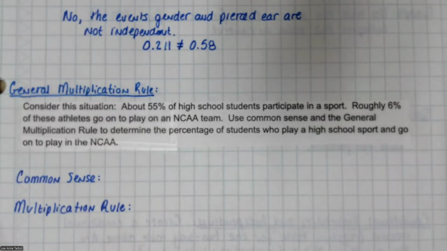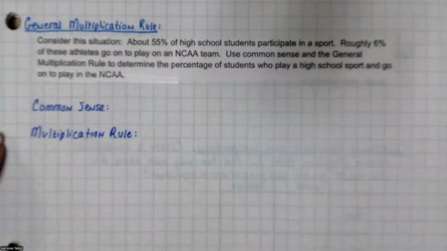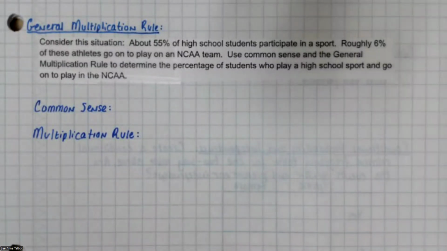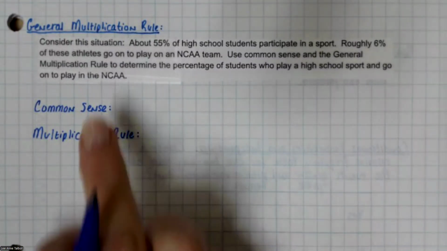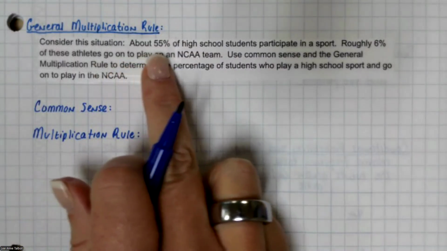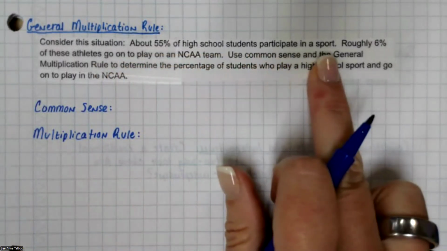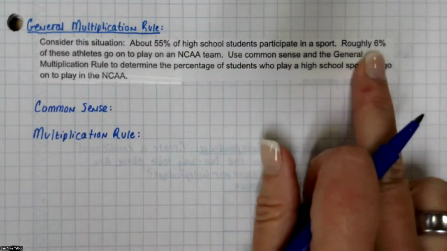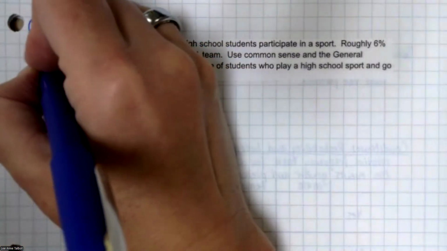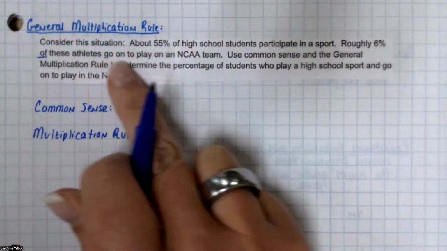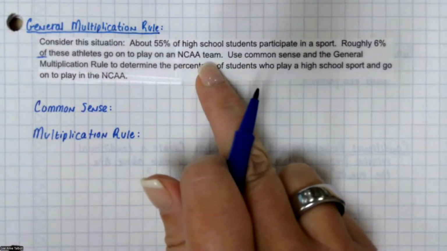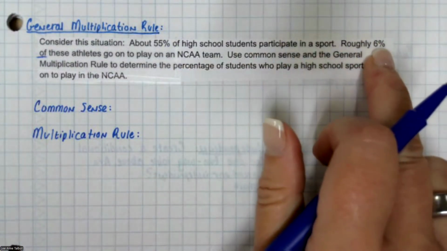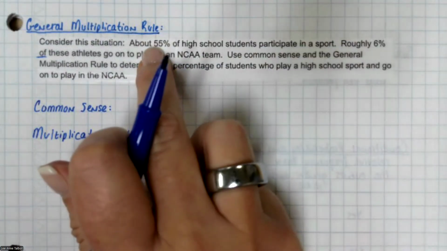Okay, you guys, we're almost done. Here we go. Consider this situation. About 55% of high school students participate in a sport. Roughly 6% of these athletes go on to play on an NCAA team. So what that means is it's 6% of these 55%.